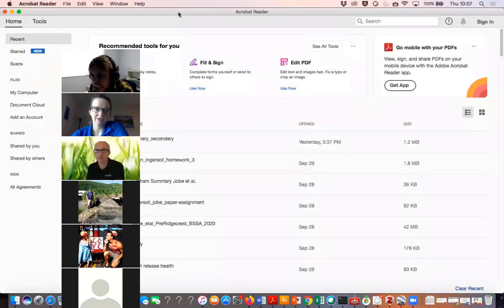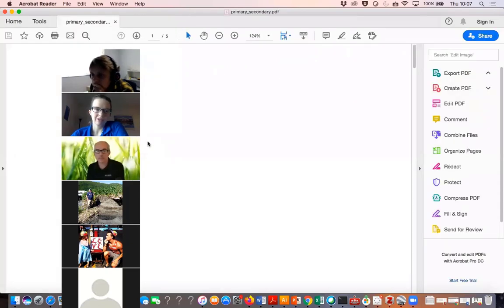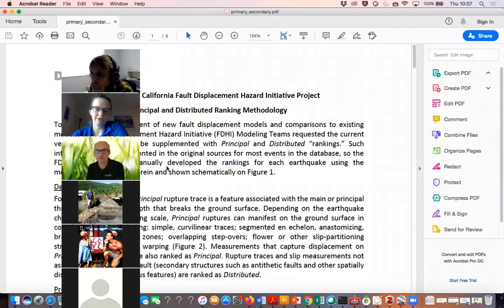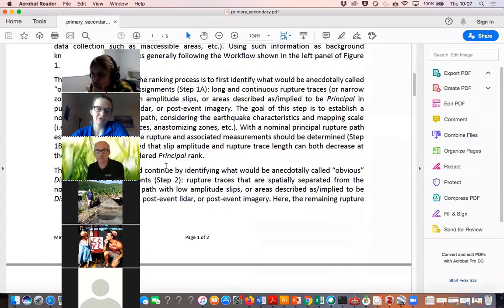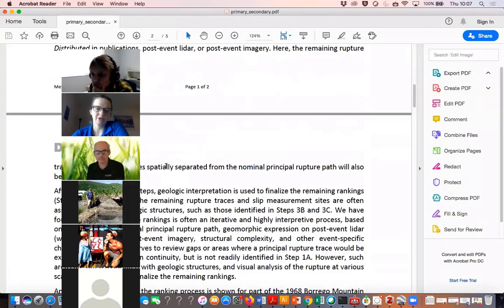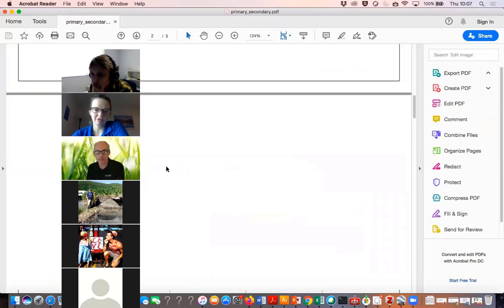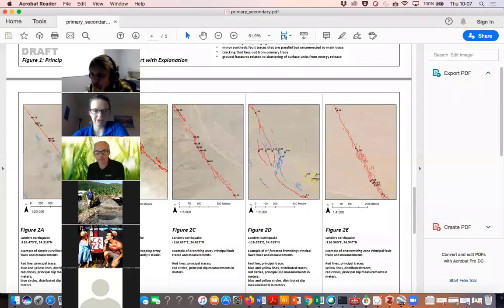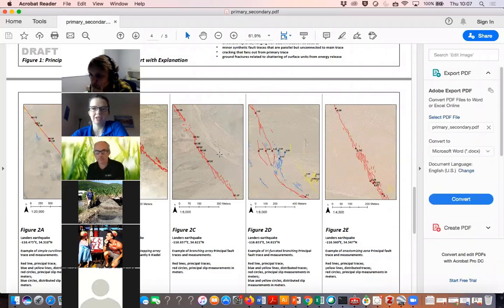That will get you this document. So you can refer to this information very easily while you are mapping. And here are the different examples of primary and secondary faulting.